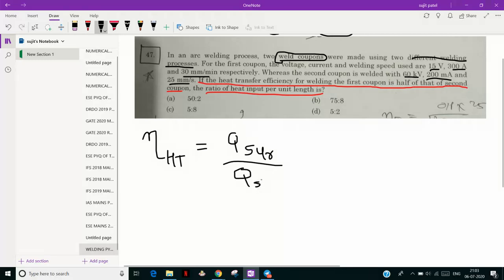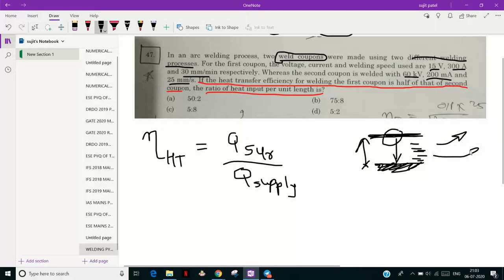Because there is always a gap between the welding rod and your workpiece, and this gap is in microns. So how much heat is generated and how much heat is reached, because there are some losses, some in the form of light and some in the form of heat.